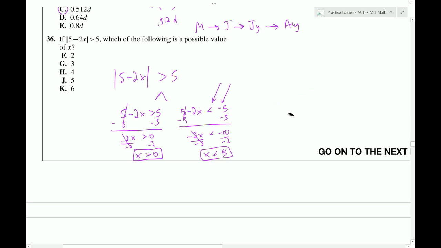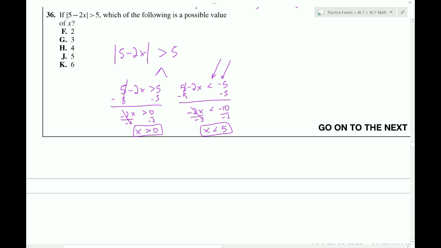Actually, I made a mistake. When you divide by a negative, you have to flip the inequality sign. That's kind of a rookie mistake here. So when you divide by a negative, this inequality sign from greater than switches to less than 0, and then here, this less than switches to greater than.